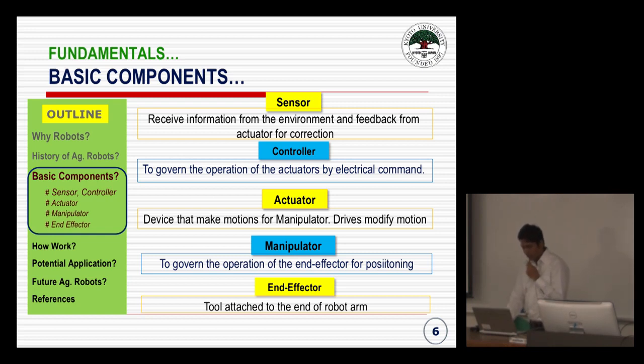The manipulator is attached to the end effector and moves its position. Finally, it gives the output, such as harvesting or other purposes, with a tool-like device. The end effector sometimes acts based on a shocking force.